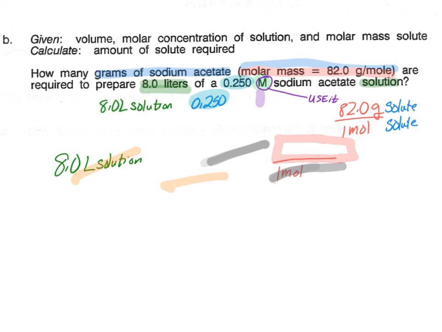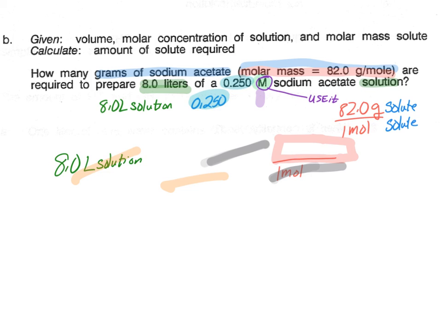And again, if you prefer to memorize and follow patterns, you will see that the mass of the sodium acetate is going to be equal to the molarity of the sodium acetate times the volume times the molar mass.